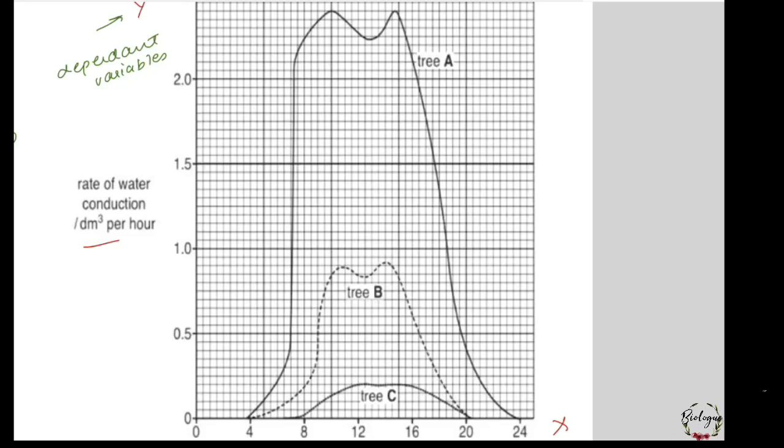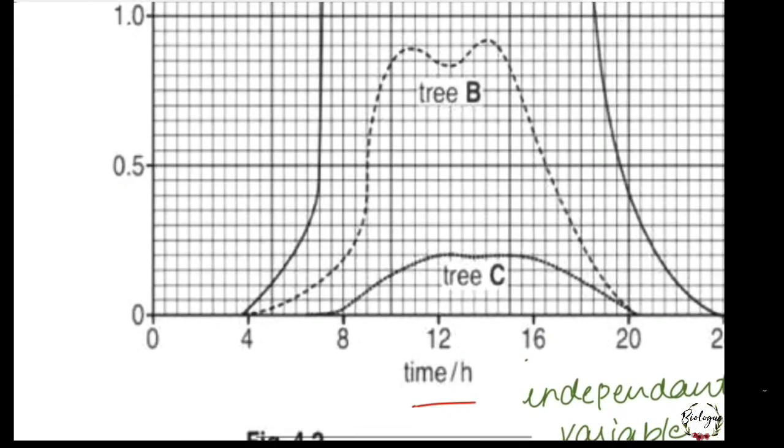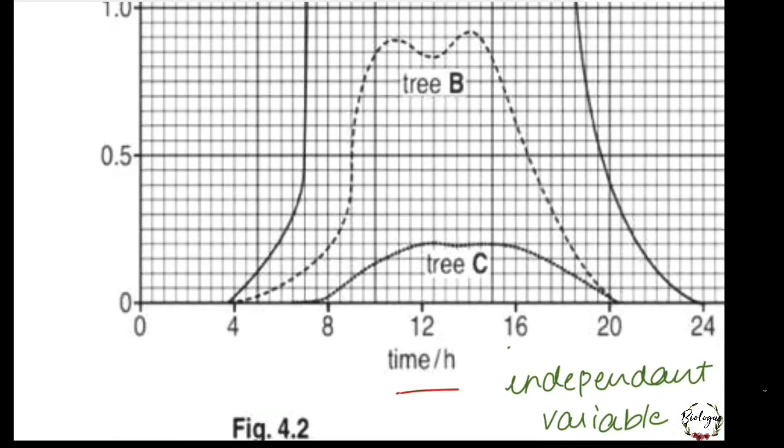Secondly, you should write if there is a lag, a lag or a delay. Now what does lag or delay mean? Lag or delay basically means that there is no result for a certain period of time before the curve actually starts. So let's say over here there is no water conduction before a certain area.